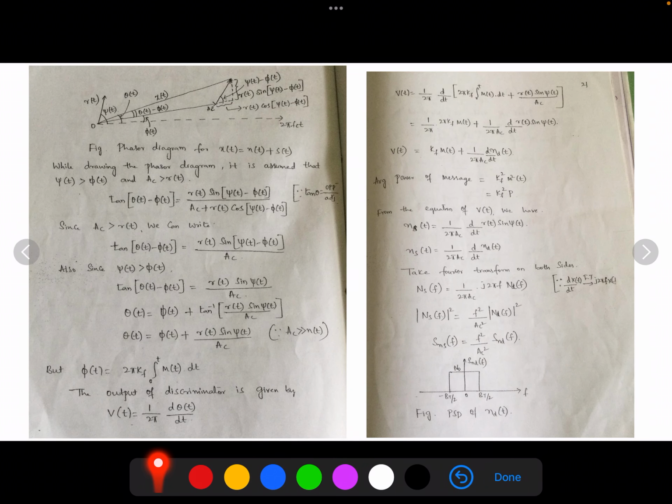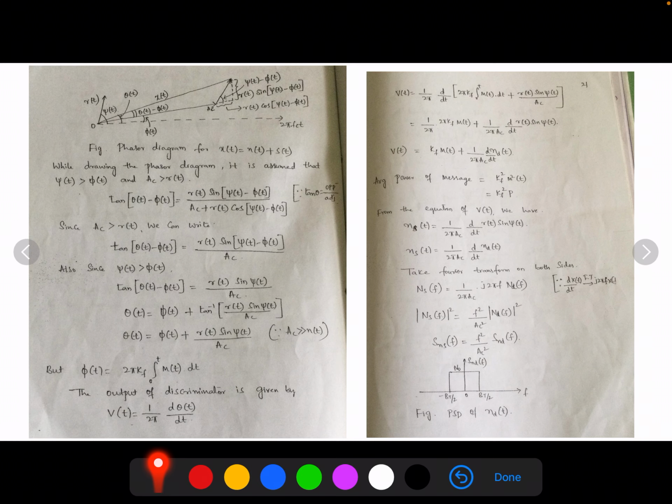It is informative to represent x of t by means of the phasor diagram. As you can see in the diagram, we have to use the relations for sin theta, cos theta, tan theta, and then we have to assume certain things here. In this diagram we have used the signal term as a reference.